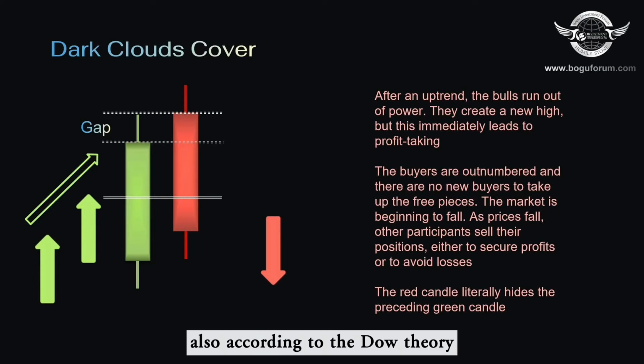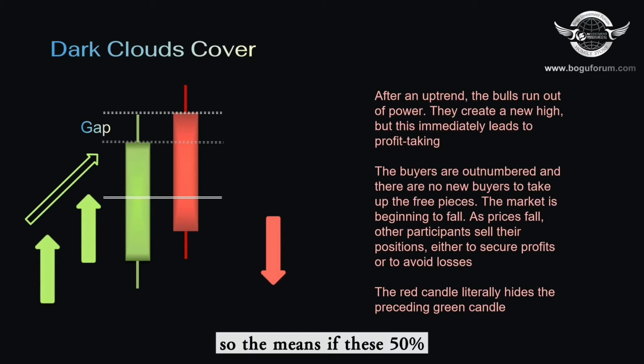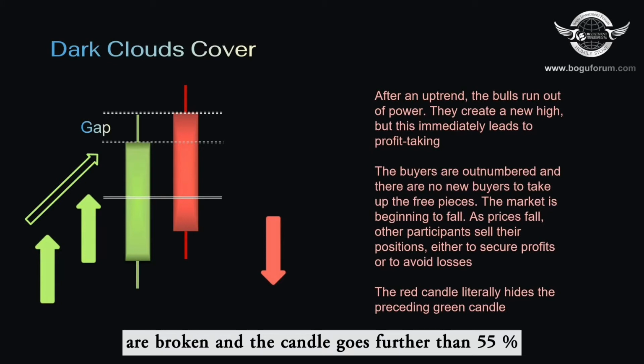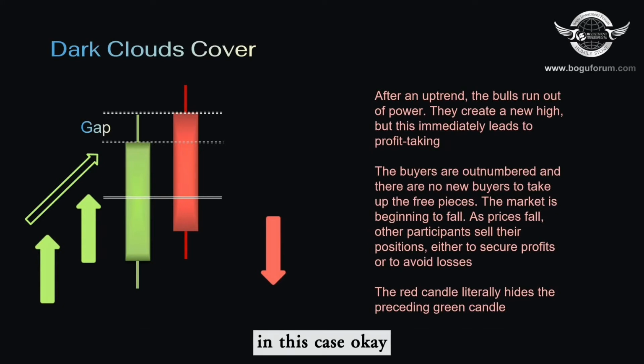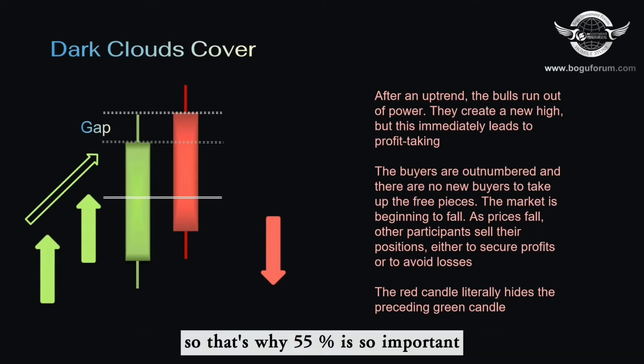Also, according to Dow theory, 50% is very important. So if this 50% is broken and the candle goes further than 55%, then something is really wrong for the buyers, okay? That's why 55% is so important.